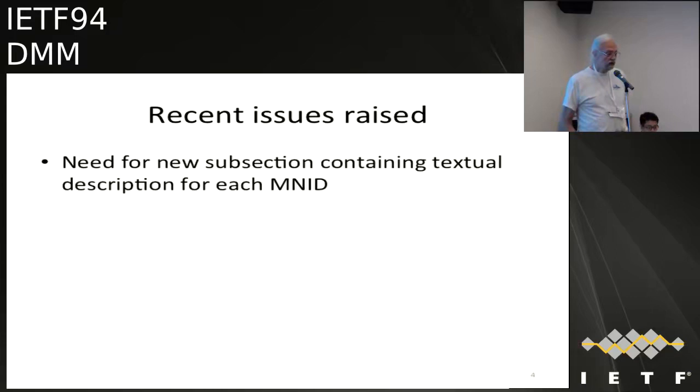So before going to the lengths of doing that, I thought it would be really worthwhile to ask the working group to suggest what would be a happy medium on that. And I'm a little bit reluctant to duplicate the format of each mobile node ID, because then it sort of looks like a specification, but it's really not within the jurisdiction of this draft to make any such specification for those other identifier formats.